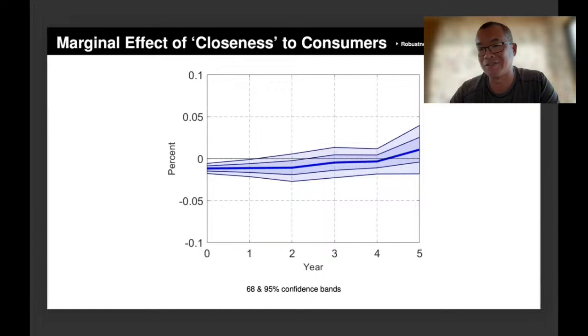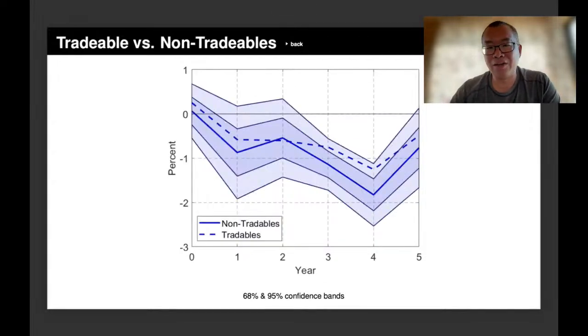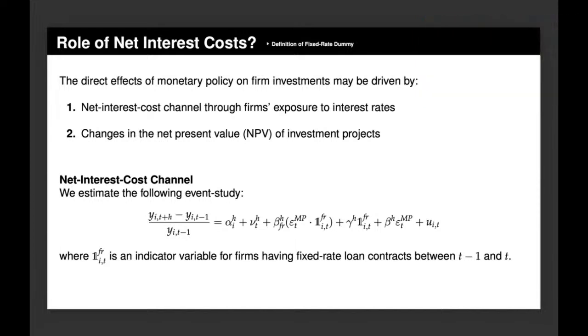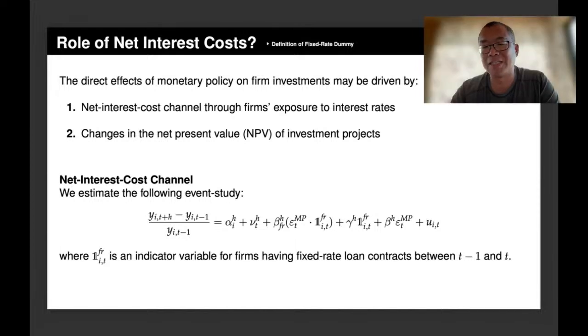So this again tells us the indirect channel driven by the area demand is probably not much. And if we compare firms in the tradable versus non-tradable sectors, their behaviors are not very different either. This again tells us the indirect channel is probably not driving much of our results. So this seems to tell us firms react to monetary policy mostly directly to the monetary policy changes.